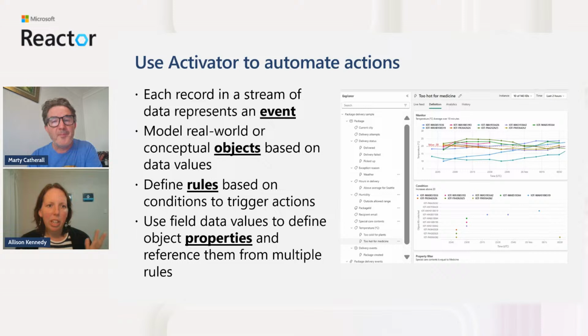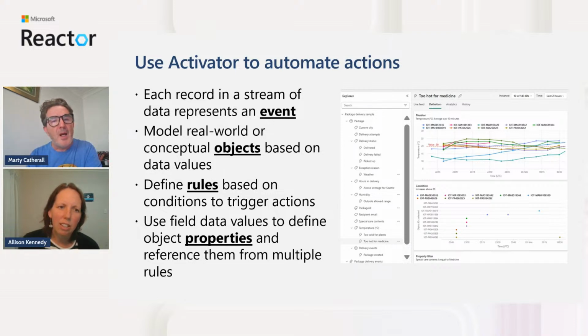It doesn't have to be focused in on that one metric. So the interface is really intuitive, and you can select which metric you want to look at within that visual, define the rules, trigger actions. I think it even has connectors into the Power Platform.